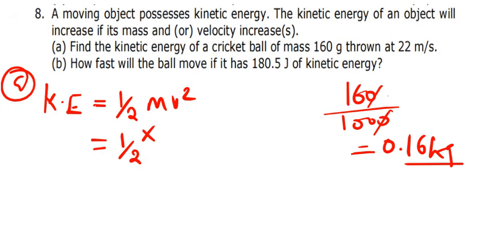So that is what I'm going to put here, 0.16 kg multiplied by, what is the velocity? We've been given that it is 22 meters per second, and this is squared.